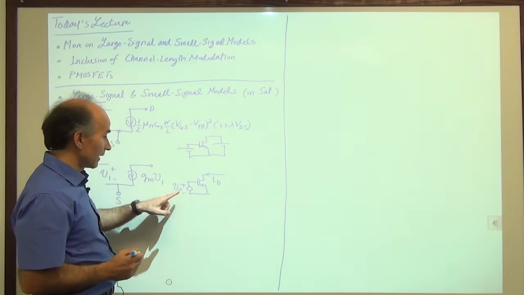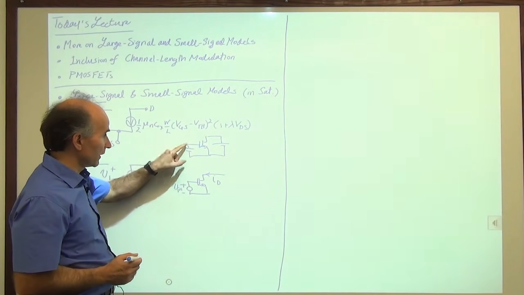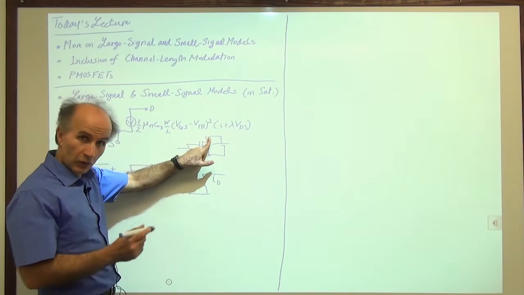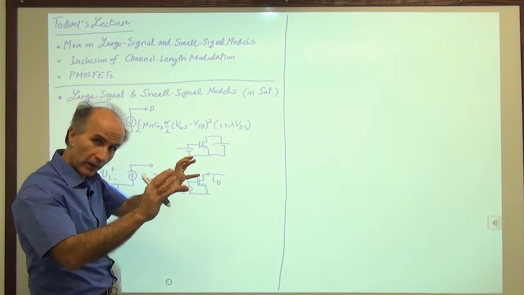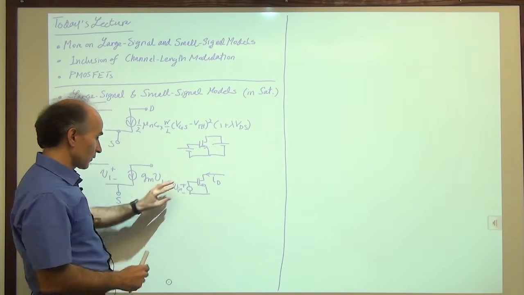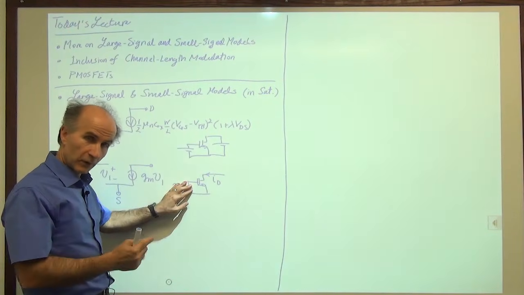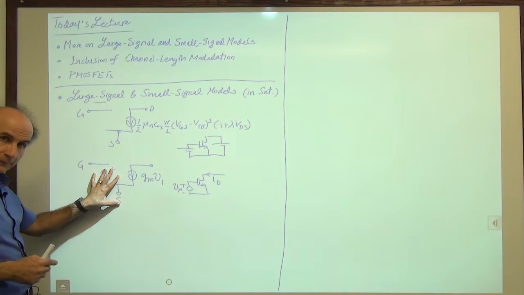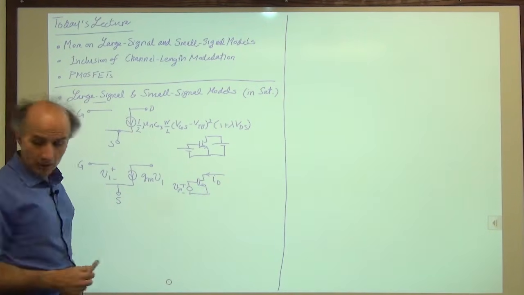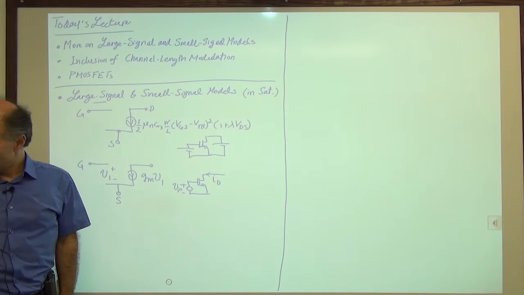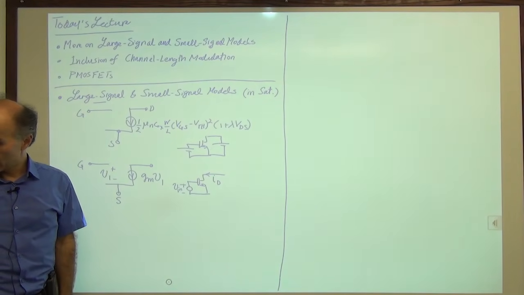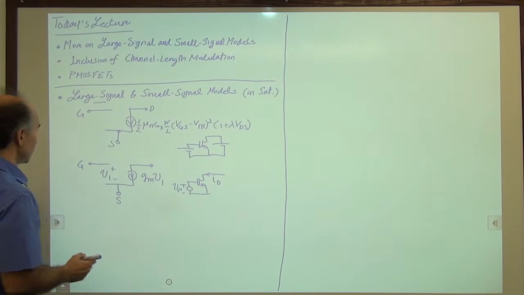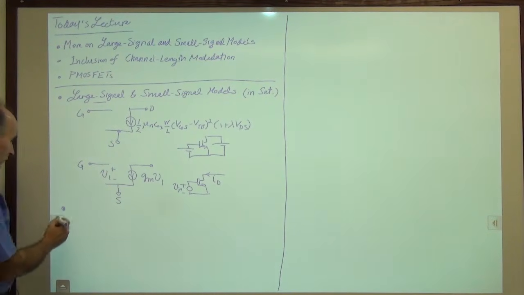Now, if I have a microphone signal here that modulates this VGS, and as a result this current also has fluctuation, I just look at the fluctuations. I forget about the bias quantities. So here's the fluctuation of the voltage between gate and source, here's the fluctuation of the current, and these are related by this model. Okay, so as an example, let me make one more point and then I'll go over an example.